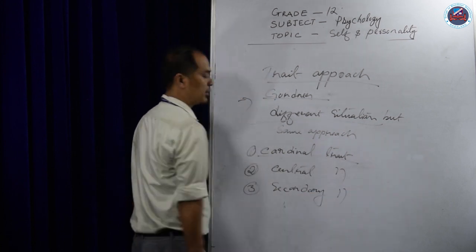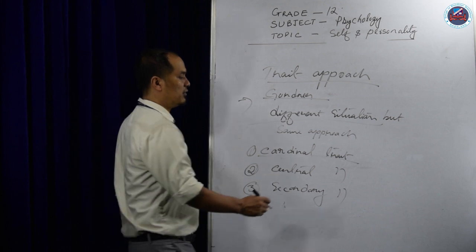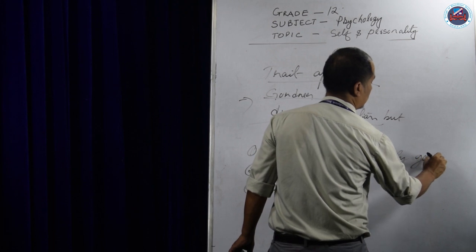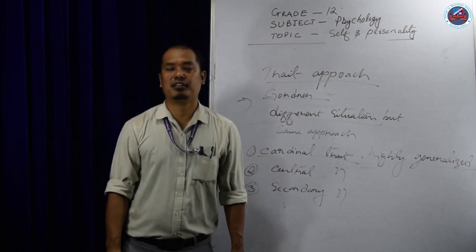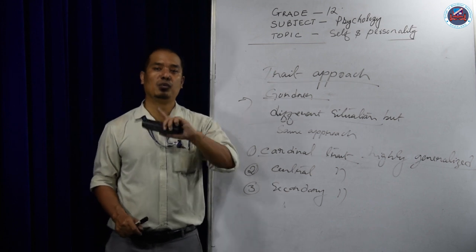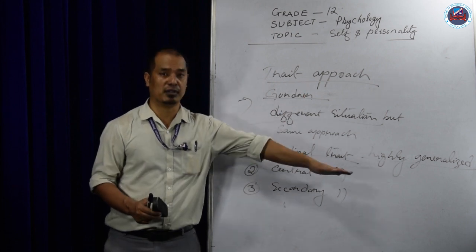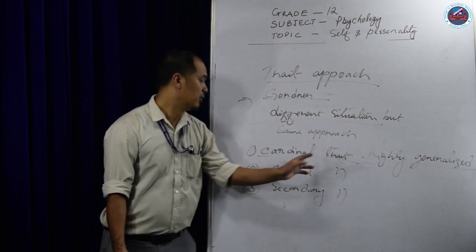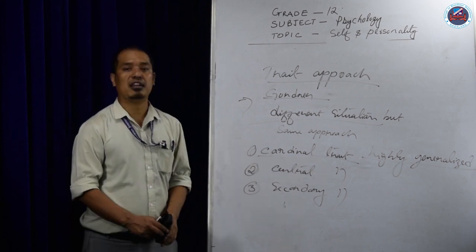Cardinal traits are highly generalized. For example, Mahatma Gandhi, in his entire life, revolved around only one principle, the non-violence movement. Till his last breath, he followed that principle. People like Mahatma Gandhi fall under the first category of trait, cardinal trait, highly generalized.